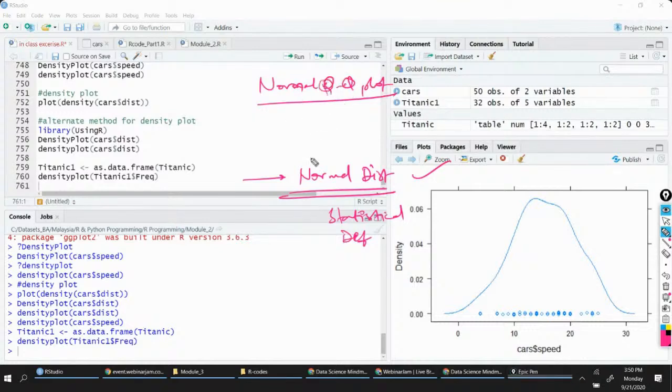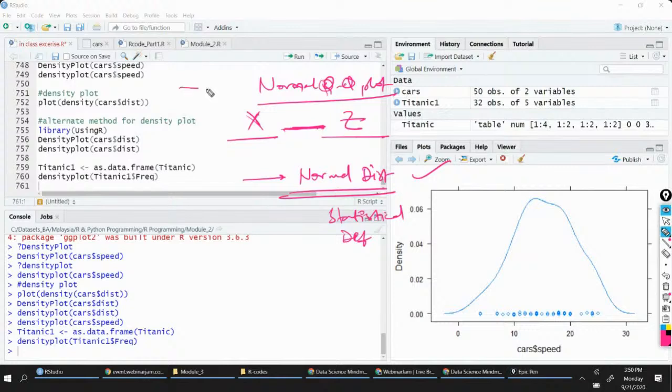This normal QQ plot is comparing your random variable x with the standard variable called z. You're comparing it. And if x is similar to z, the distribution of x is similar to distribution of z, then we can also say x is normally distributed.